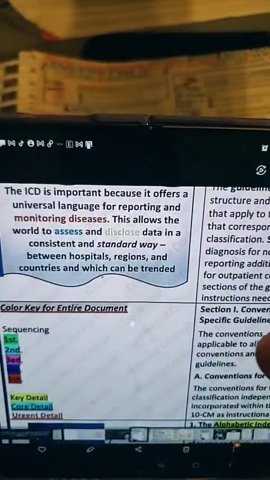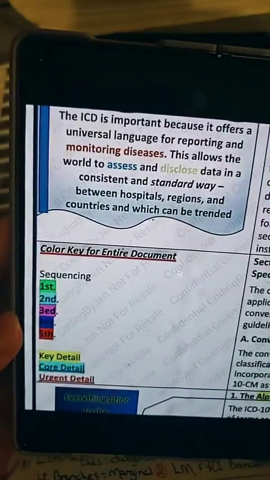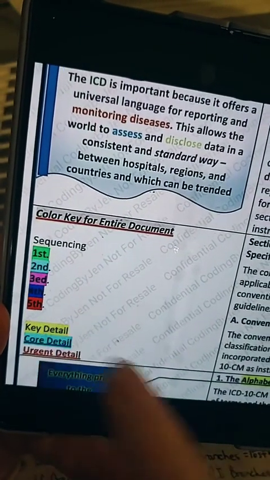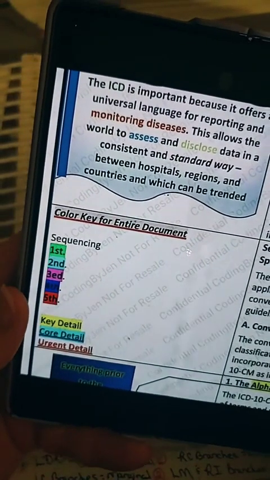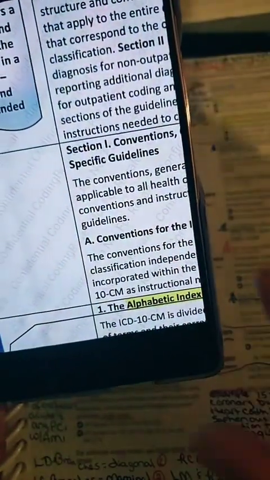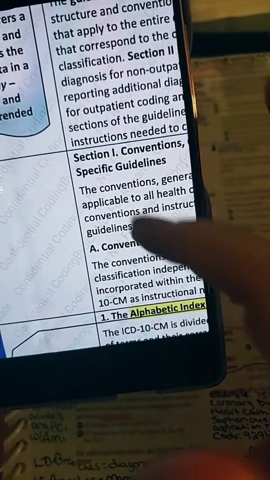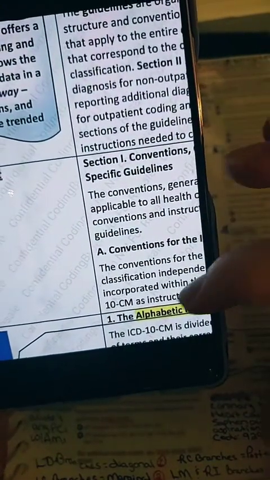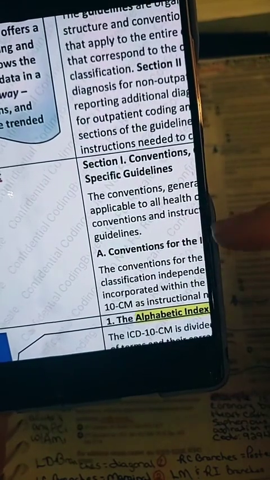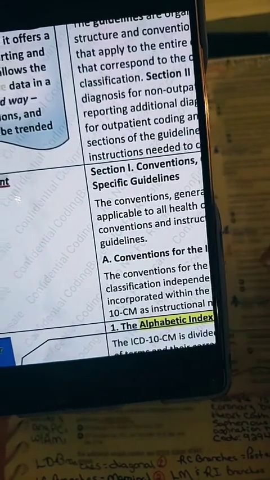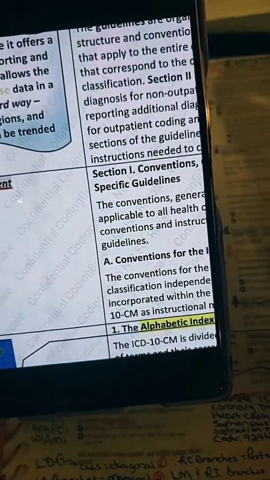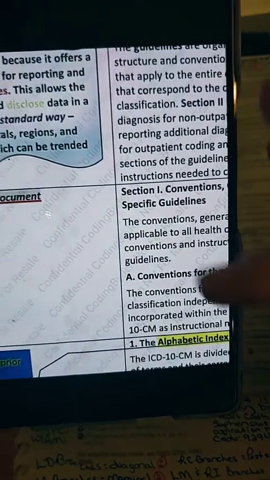So I'm proud of it. I like it. And then sequencing throughout the entire guideline is one of the biggest issues. What do I code first? Well, it'd always be the green code. And I went through here and colored everything in each section of whatever guideline it is, and it'll have the word or the code, because sometimes they'll say code this particular thing always first, like a fracture will always be first.